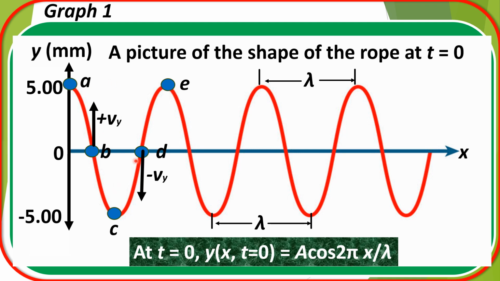These particles A, B, C, D, and E are just arbitrarily chosen to represent the different particles in the medium, which is the rope. Notice that the distance between particle A and particle E defines a wavelength lambda. In this graph, we indicate lambda as the horizontal distance between two successive crests.